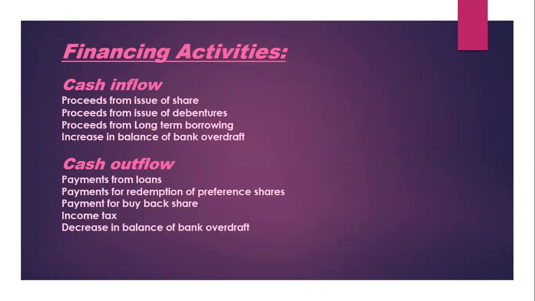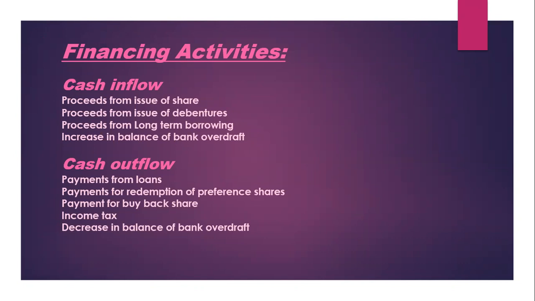Cash inflows in financing activity are proceeds from issue of shares, proceeds from issue of debentures, proceeds from long-term borrowing, and increase in balance of bank overdraft. When the liability increases, that gives the hint that the company has raised more money.